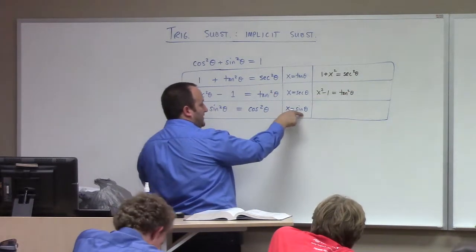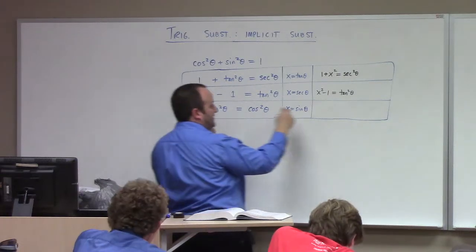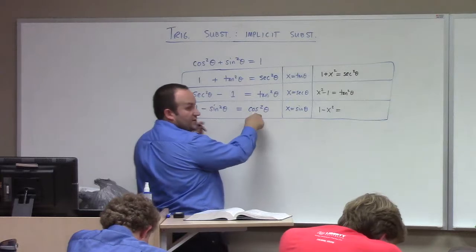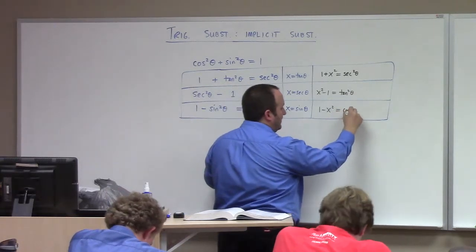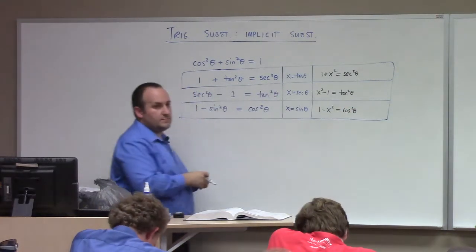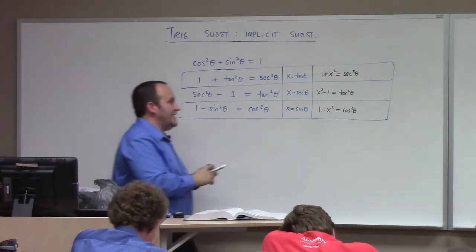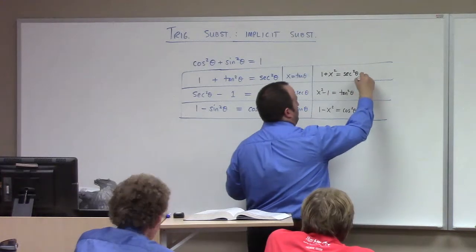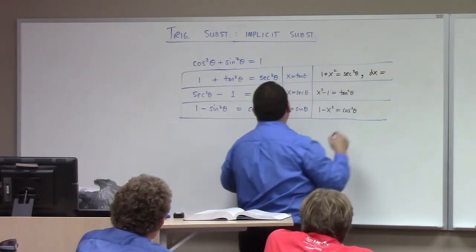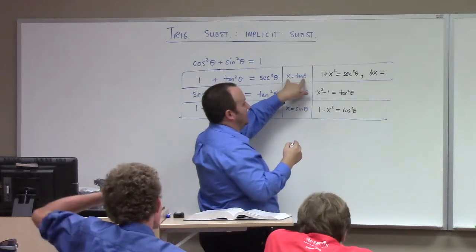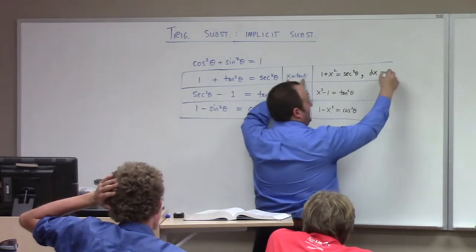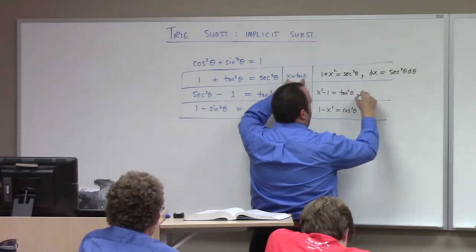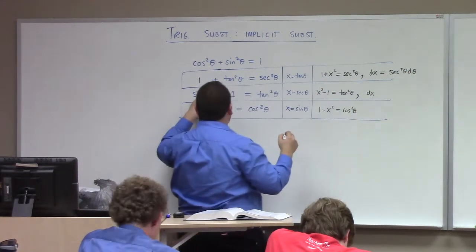If we put x equals sine theta, we get what? 1 minus x squared equals cosine squared theta, right? So how about dx? In the first one, what's my dx? What's the derivative of tangent? Secant squared theta d theta. What's the derivative of secant?